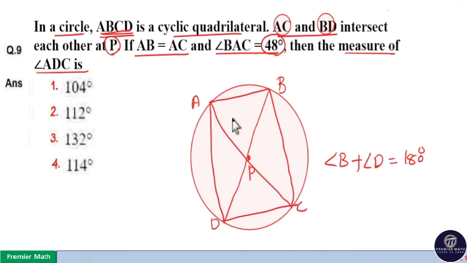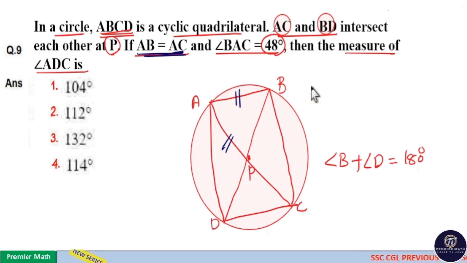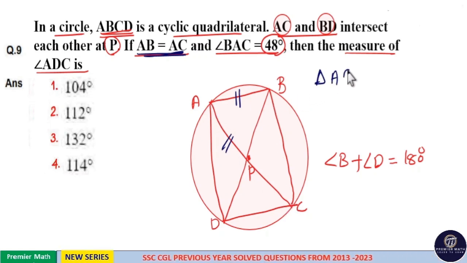That is, here question clearly says AB and AC are same. Then if you consider this triangle, in triangle ABC, these two angles are equal because these two lengths are equal. So these two angles are equal.